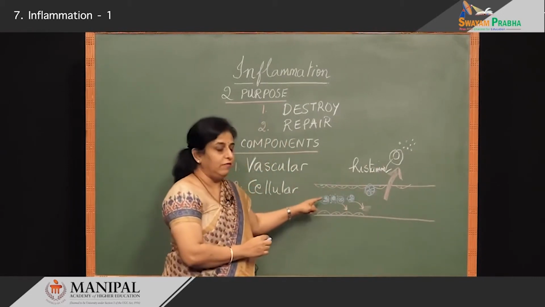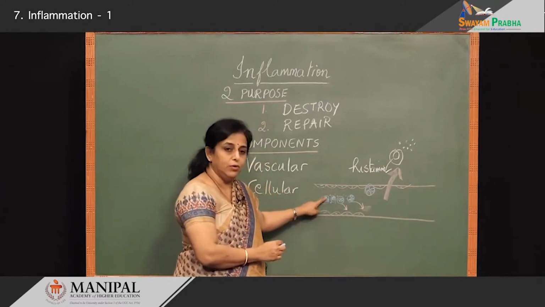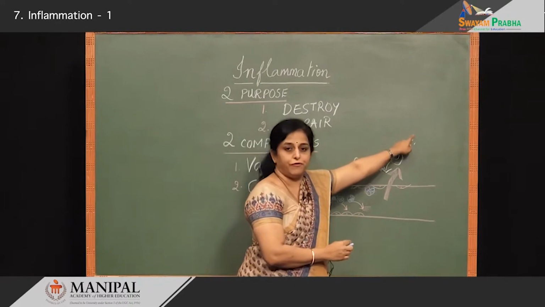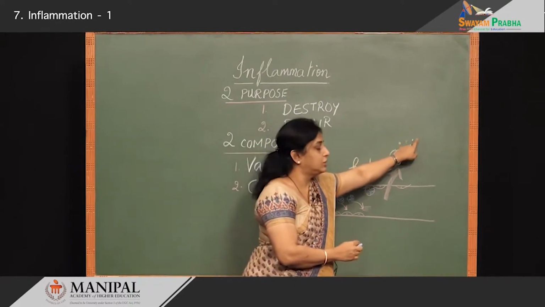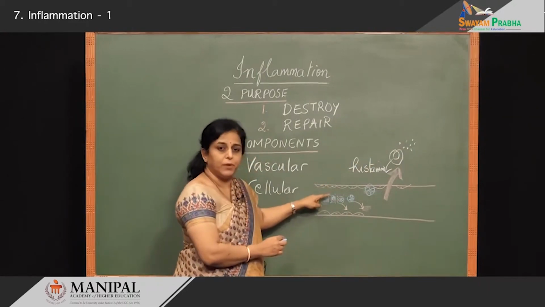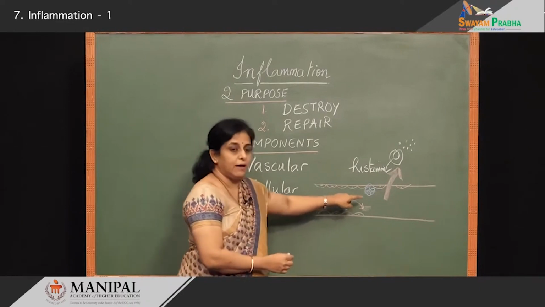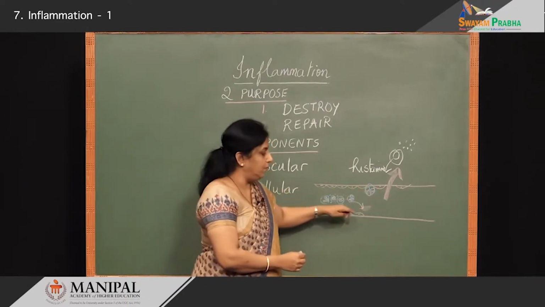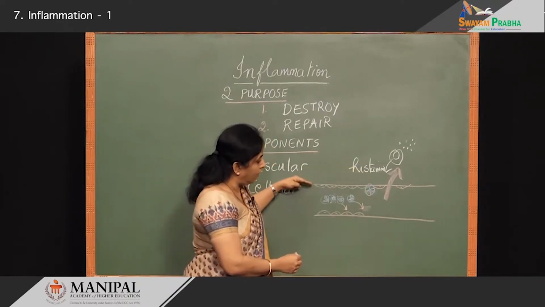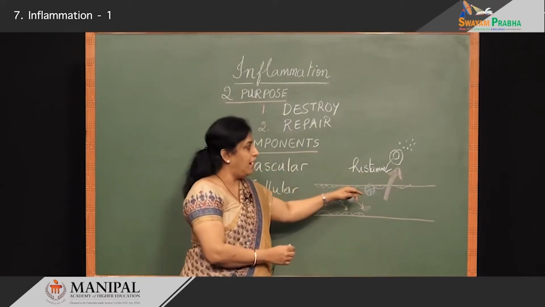Now, what do we want in inflammation? We want these leukocytes, which are the defense cells or the immune cells, to reach the site of injury and destroy and eliminate them. So, the vascular events have helped the process of cellular events that follow. So, the leukocytes which are residing in the center of the stream have fallen out and they have come to lie in the periphery at the endothelial cells, what is called as margination.